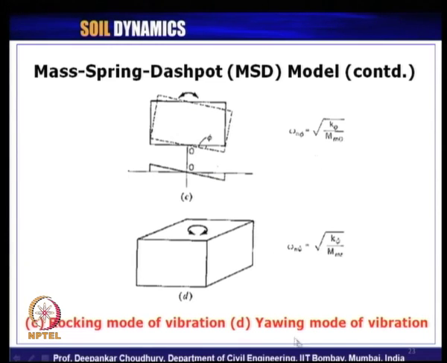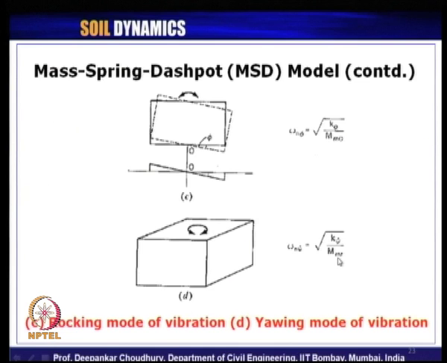Whereas, for yawing mode of vibration, yawing means rotating about the z axis, the applied load is in this direction, and the natural frequency of the system is calculated like this: omega n psi, sorry, this was phi, omega n psi equals root over k psi by m z.